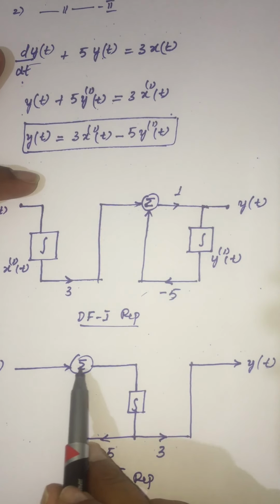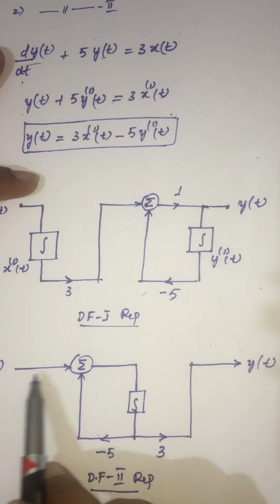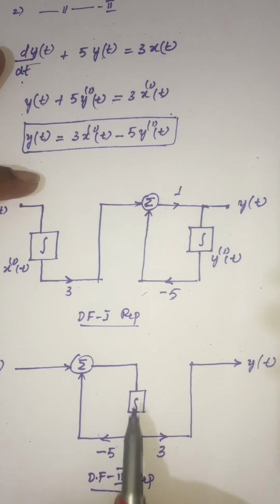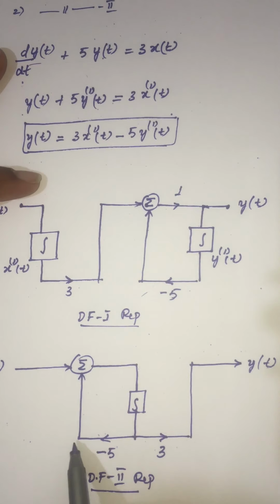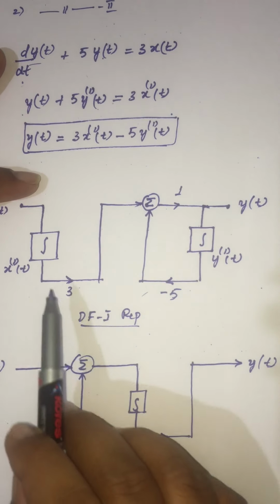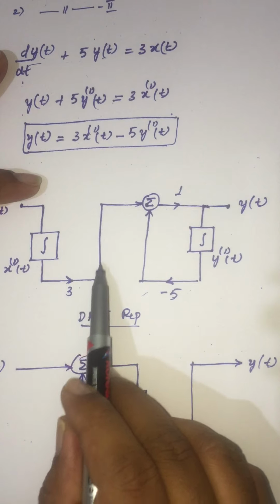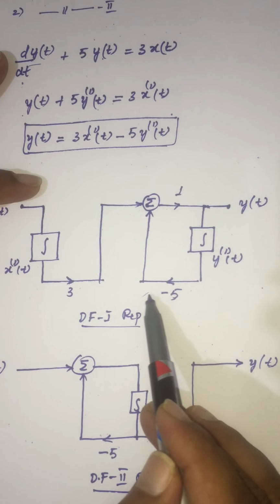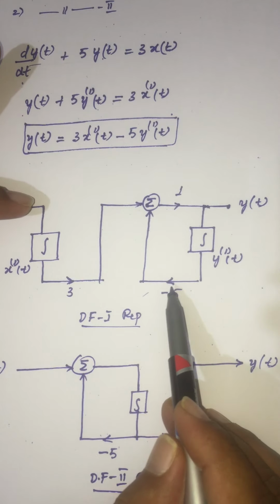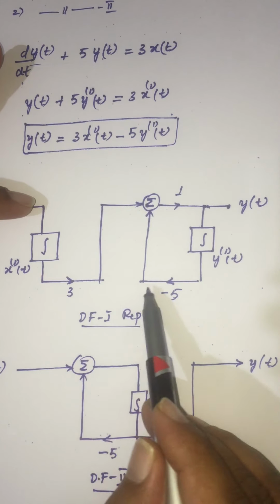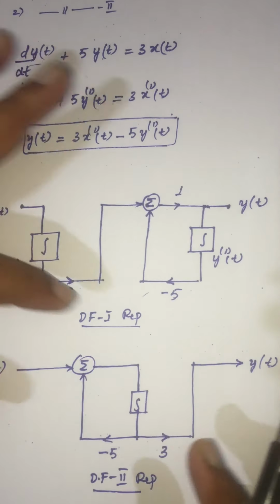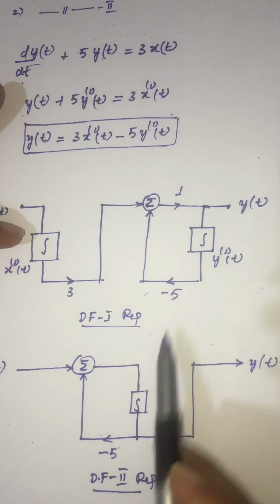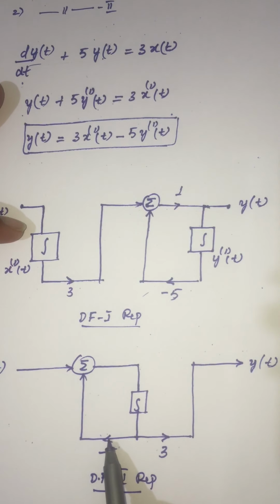The arrow mark in the upper branch should be towards right hand side only, and in the lower branches, depending upon what we are considering, either the input or output. If it is input, it should be moving towards right side. If it is taken back from the output, it should move towards left side. And according to this procedure itself, after shifting its position, the same thing needs to be maintained here also.